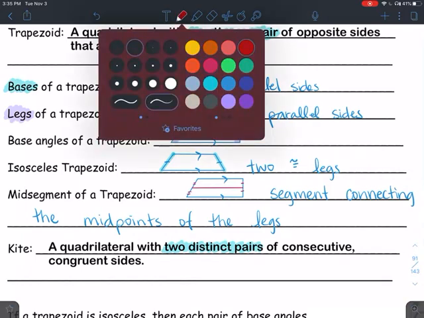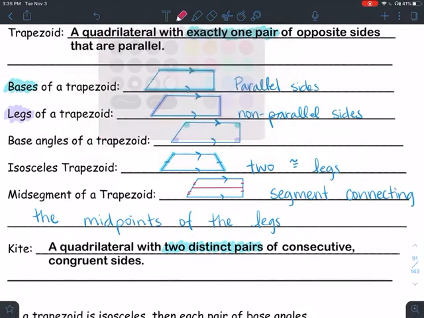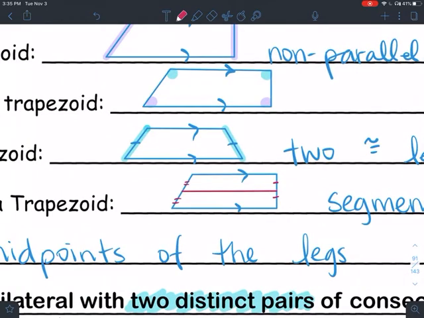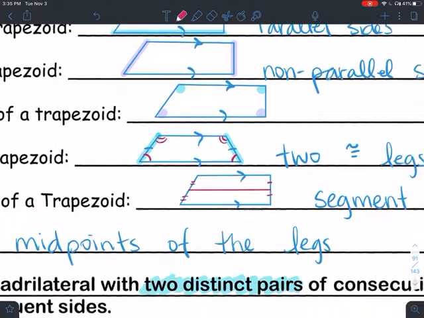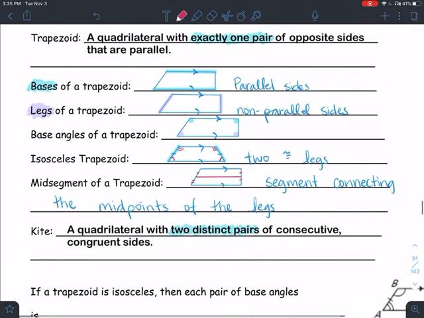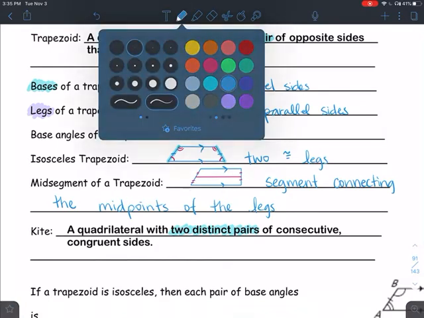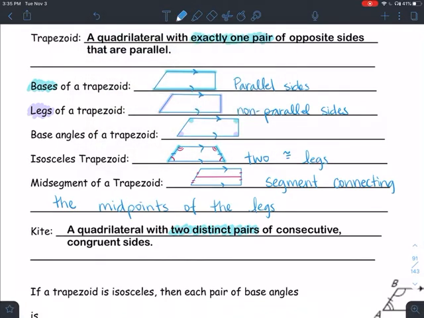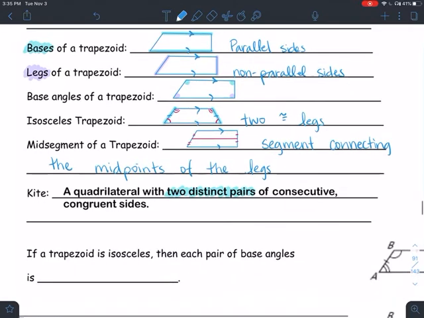So if we take a look at this example here, then these two base angles would be congruent, and these two base angles would be congruent. Our mid-segment of a trapezoid is the segment that connects the midpoints of the legs, and a kite is a quadrilateral with two distinct pairs of consecutive congruent sides.